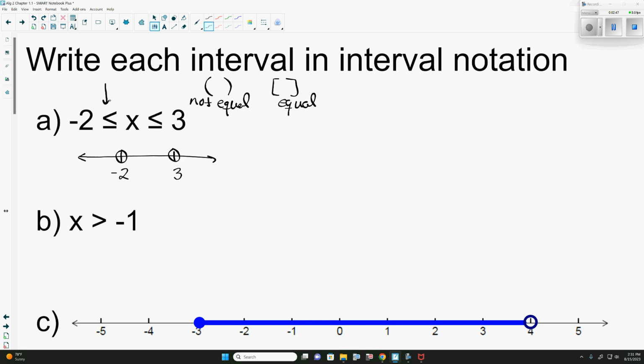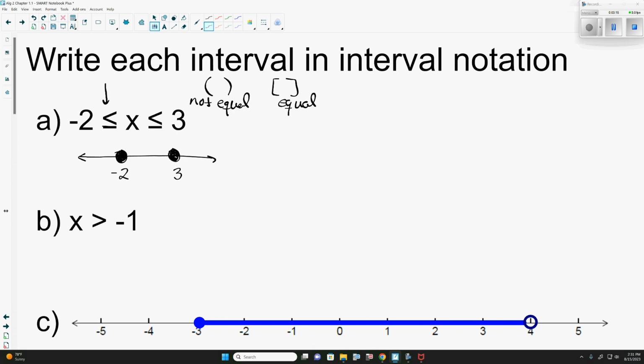Yes. Because it's saying -2 is less than or equal to x. Because we have the line underneath it, it is saying equal to, which means this is going to be closed. How about 3? It's equal to, so it's closed as well.